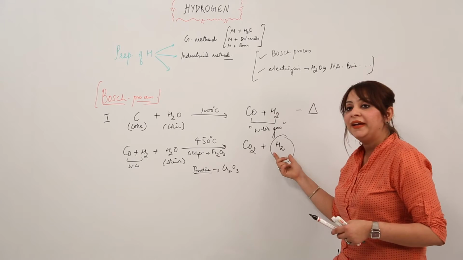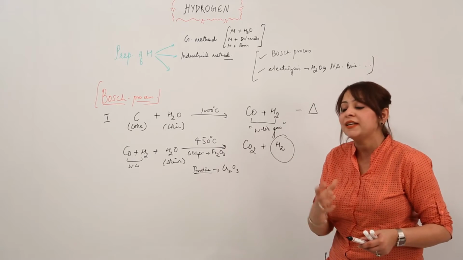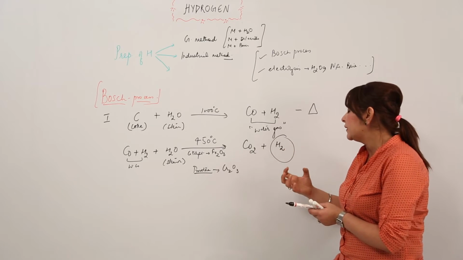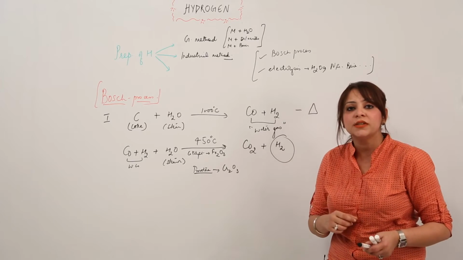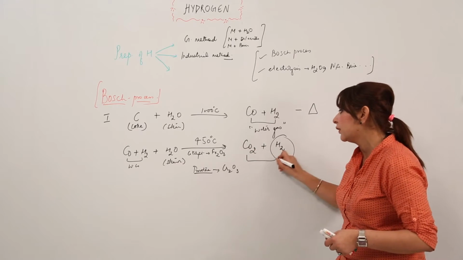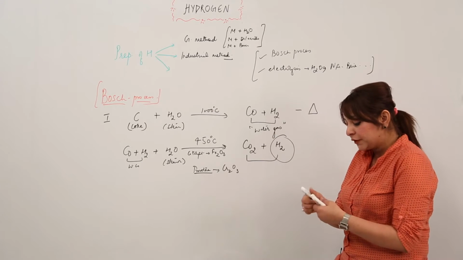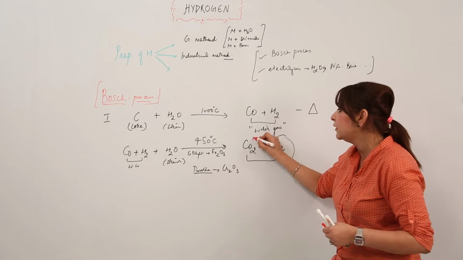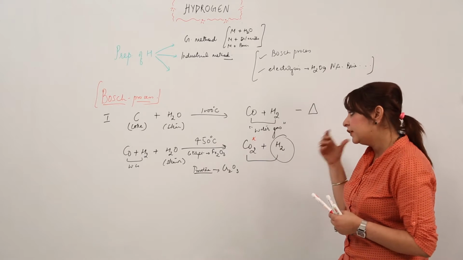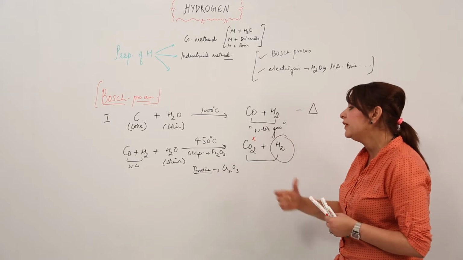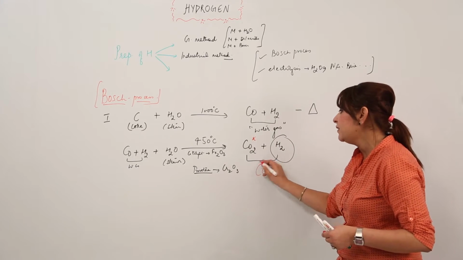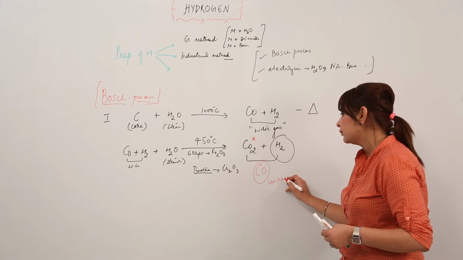This hydrogen which we get is not an individual hydrogen gas that we can simply extract or use. We are getting a mixture, right? So we have to separate the carbon dioxide from this mixture if we wish to get hydrogen gas in pure form. It has carbon dioxide, and along with that it also has unreacted carbon monoxide.